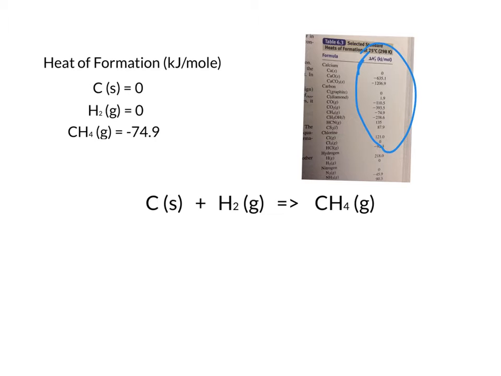Where the next one, calcium oxide right there, is not stable, and therefore in order to create that, you would need to combine a few things, oxygen and calcium, and in the creation of that, it would give off negative 635.1 kilojoules per mole of energy.